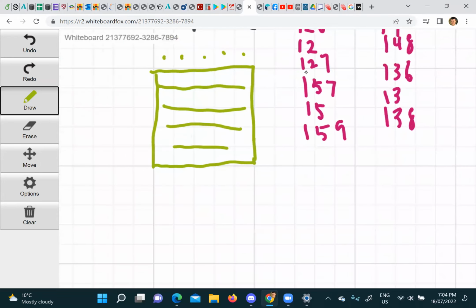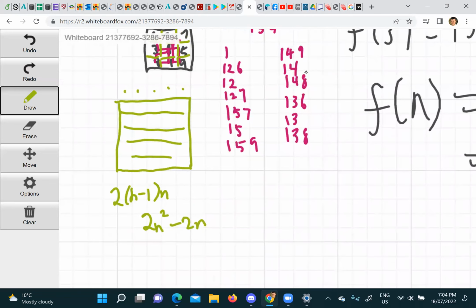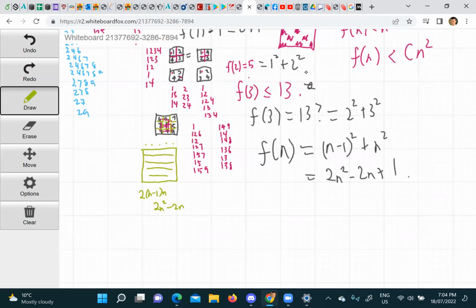So there's n minus 1 of those, right? There's n minus 1 times n, and obviously there's another n minus 1 times n vertical ones, yeah? So there's 2 lots of those, which is 2n squared minus 2n, right? So there's literally always one less edge than there are these values, right?